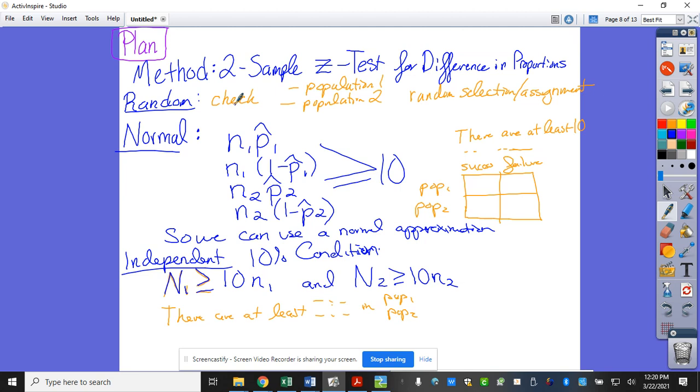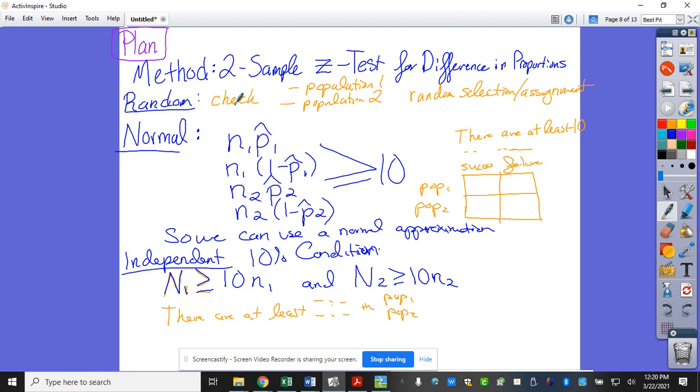What is my number of successes for red cars? My answer for my NR P hat R would be what? 18, which means my number of failures for red cars would be 10.